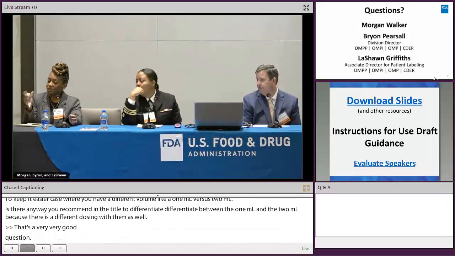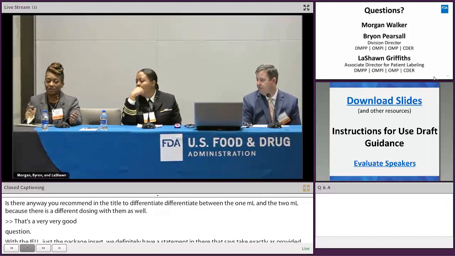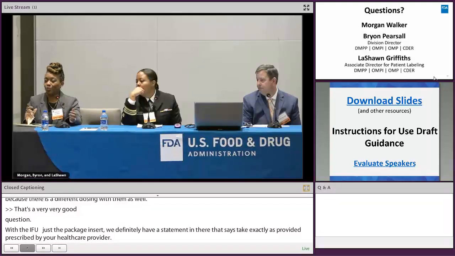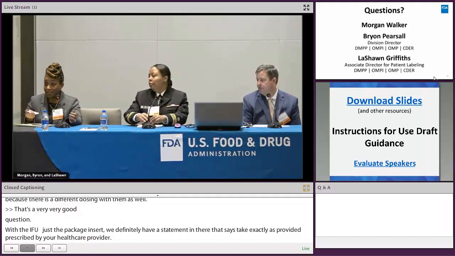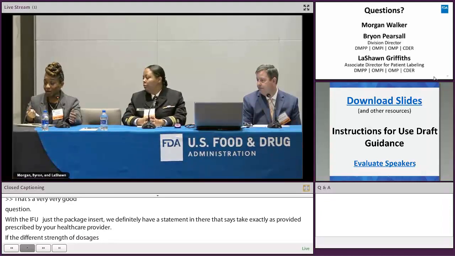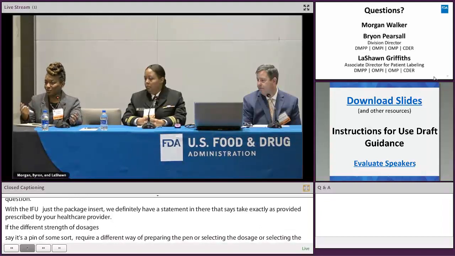If the different strengths or dosages, say it's a pen of some sort, require a different way of preparing the pen or selecting the dosage or strength, then that information would definitely need to go in the instructions for use, because that's important as far as how the patient would be preparing and administering the product.